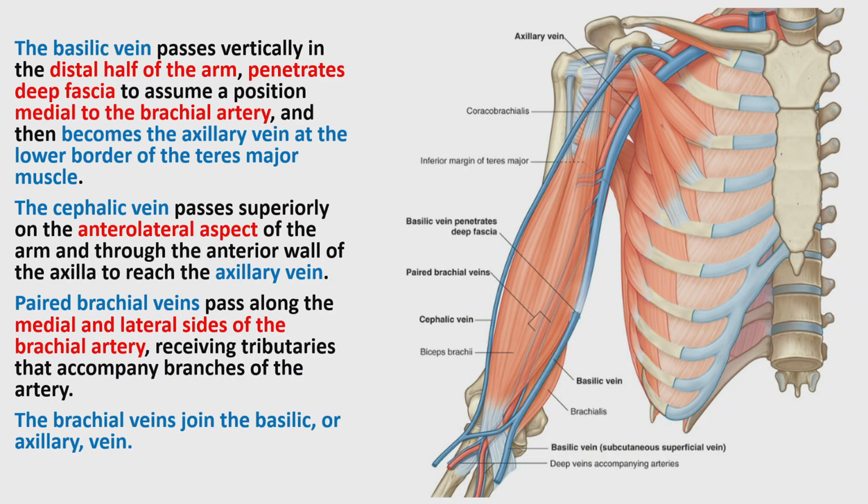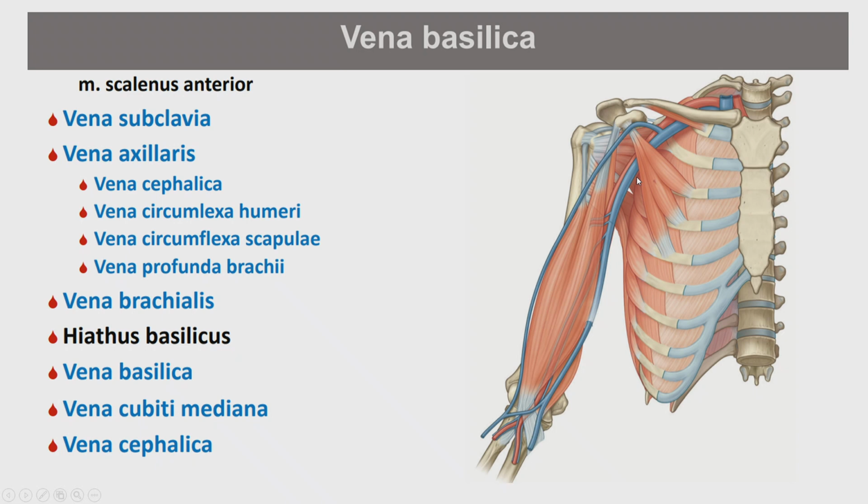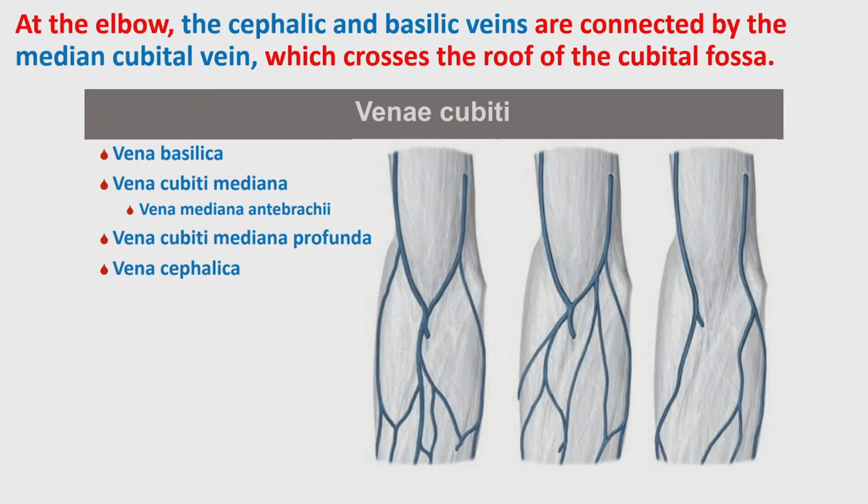And this is the picture that we already showed you, how the basilic vein is piercing the deep fascia in this region. In the anatomical aspect of the median cubital vein, you see that they are different in different individuals.